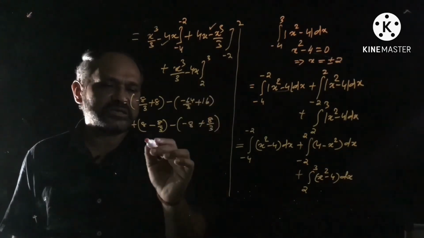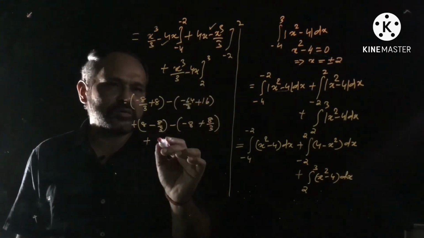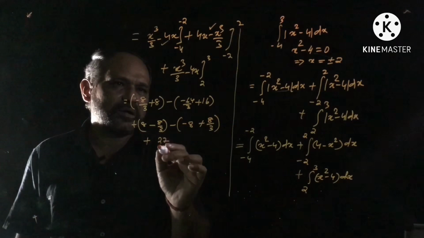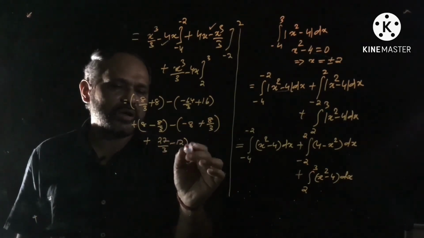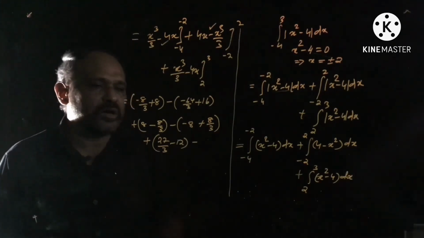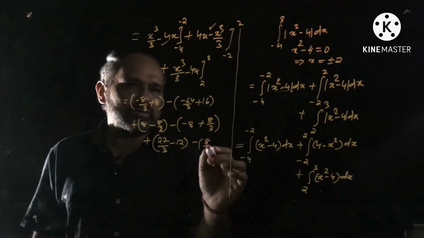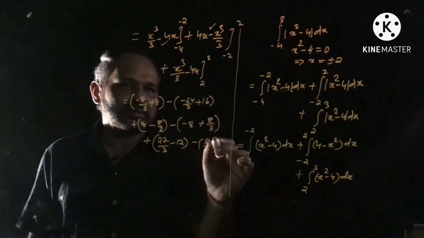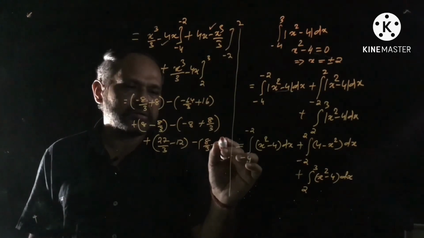Now take x is equal to 3, so this is equal to 27 by 3 minus 12, minus, put x is equal to 2, so this is equal to 8 by 3 minus 8.